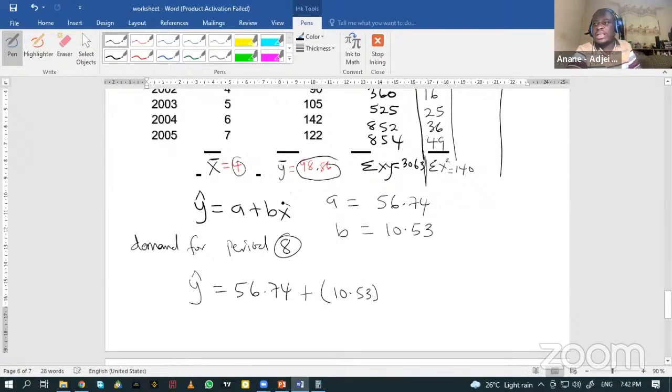And X over here, if we are asked to calculate the demand for period 8, the 8 becomes our X, that is the period. Okay, so we put 8 into the brackets.